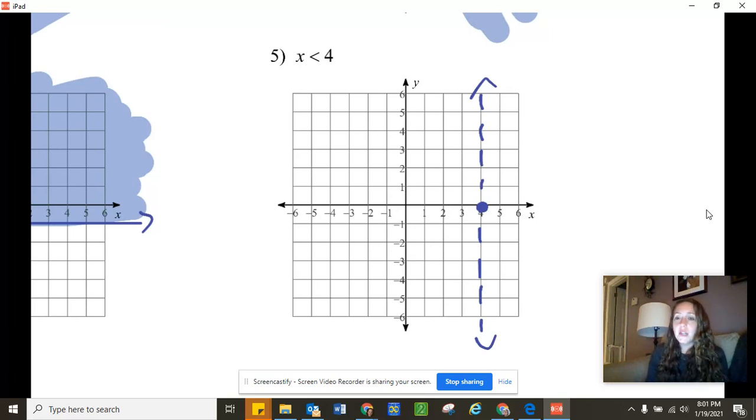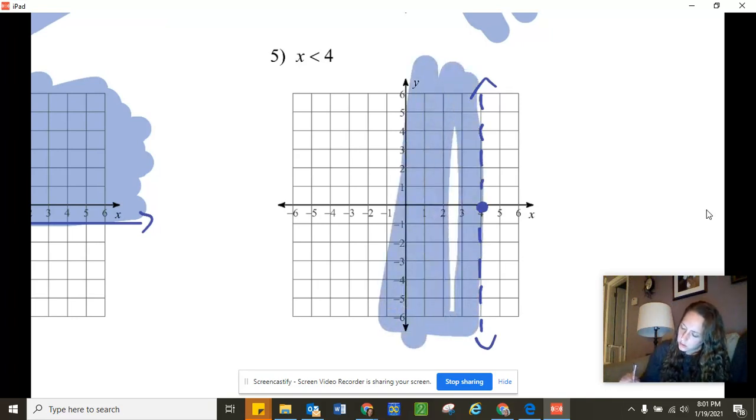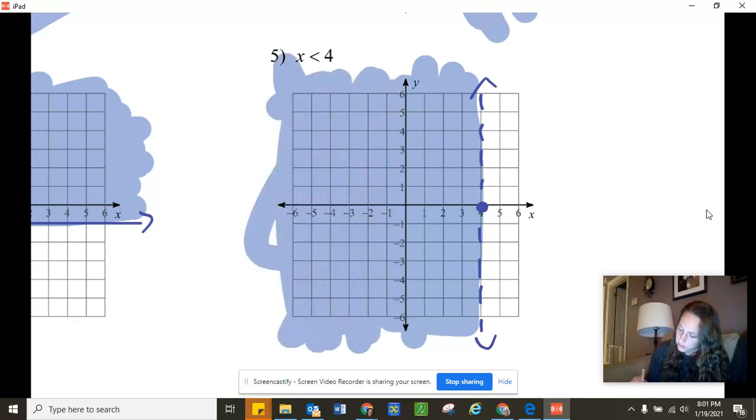Because you can't be above or below a vertical line, you just have to think if it's less than, it's to the left, right? Look at where the x's are less than 4. So all this over here is going to make that true. All these points have x's that are less than 4.